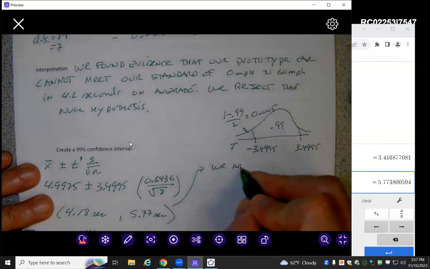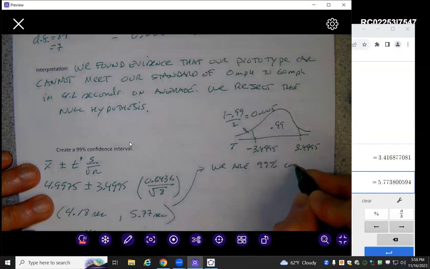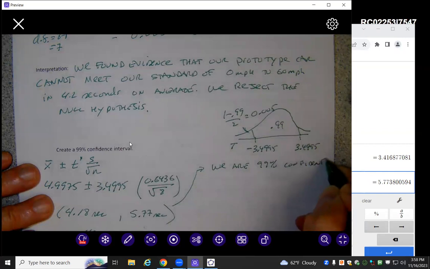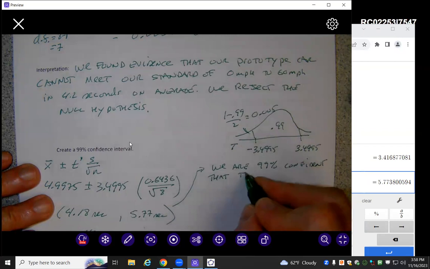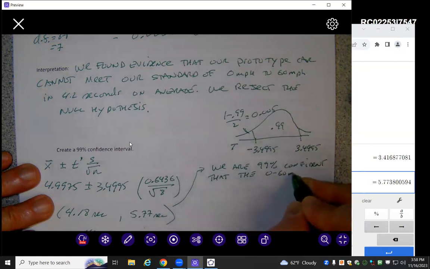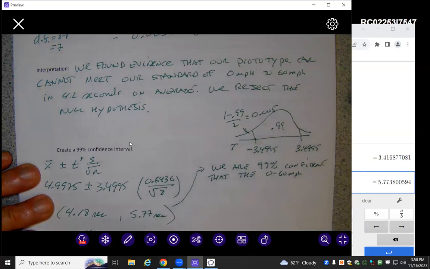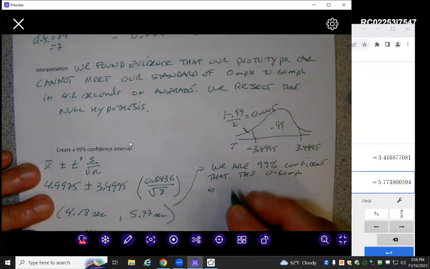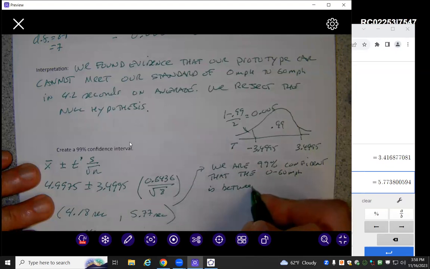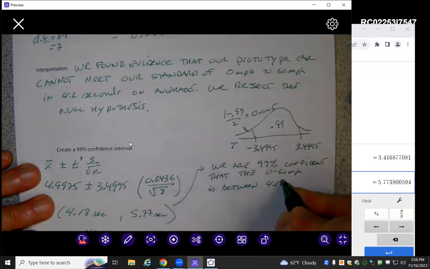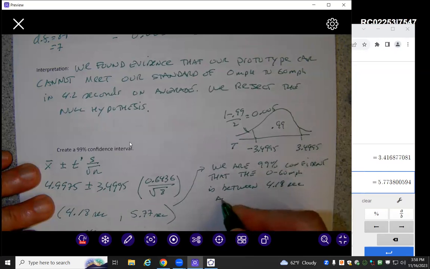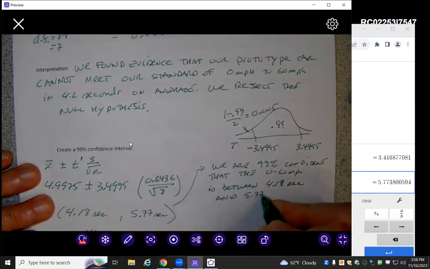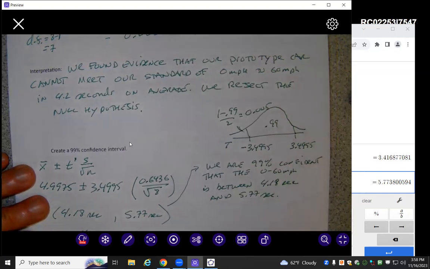We are, in this case, 99% confident that the 0 to 60 miles per hour is between 4.18 seconds and 5.77 seconds, which means that, notice, 4.22 seconds is in here.